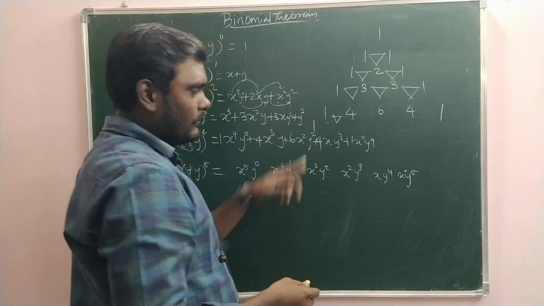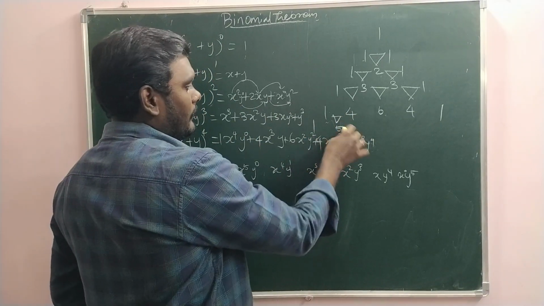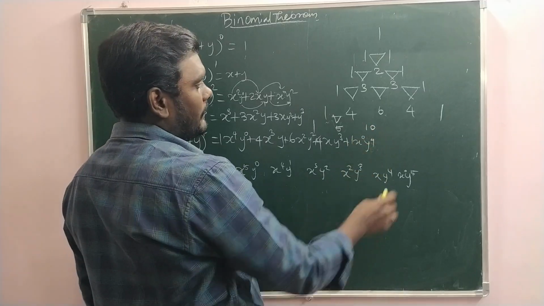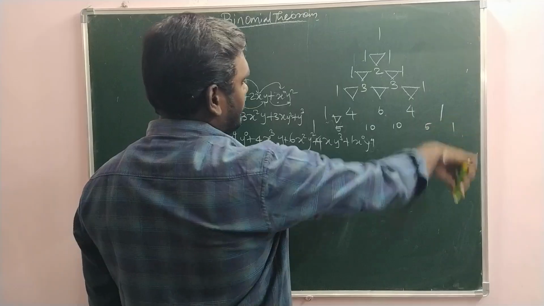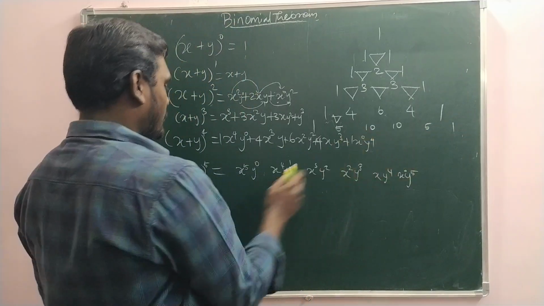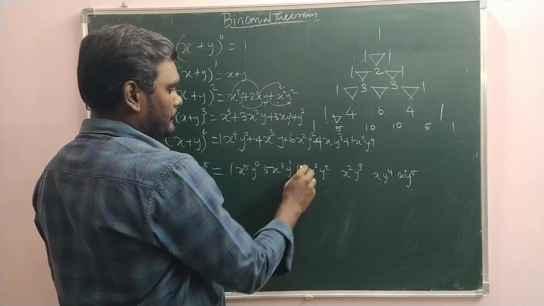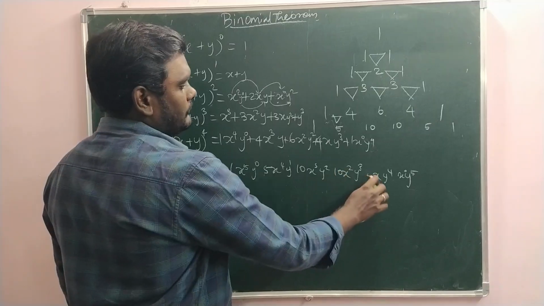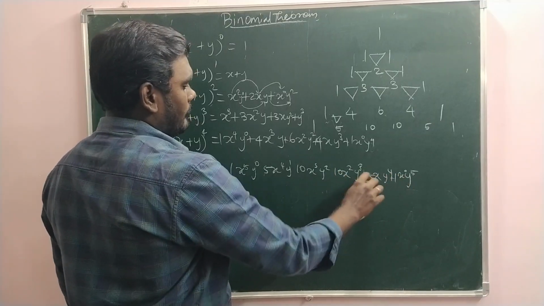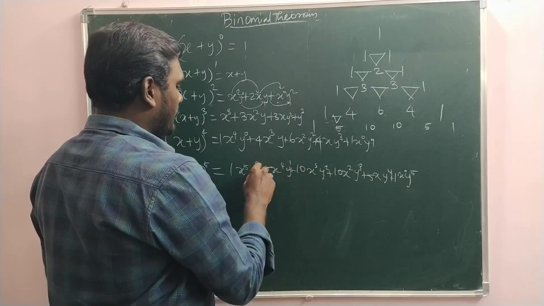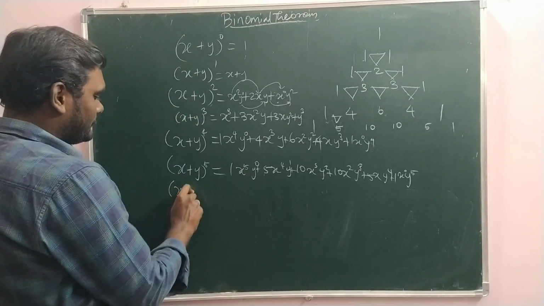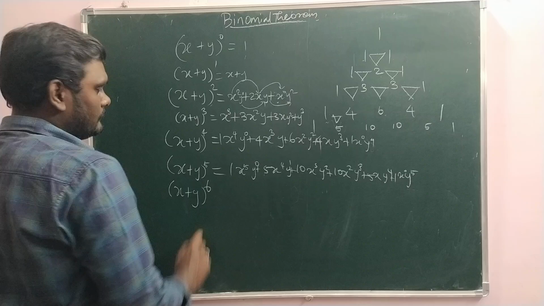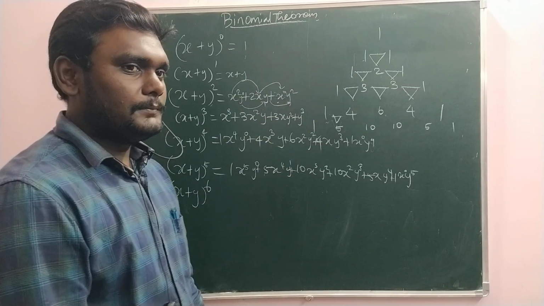The first one is 1, next 5, 10, and then 10, 5, 1. Now the coefficients are 1, 5, 10, 10, 5, 1. Everything is positive. What do you guess x plus y whole power 6? Same like the triangle goes on.